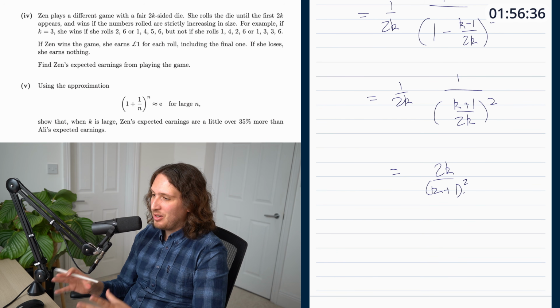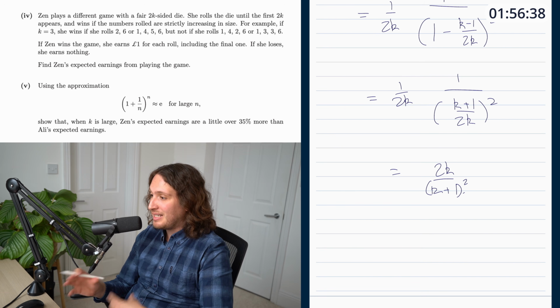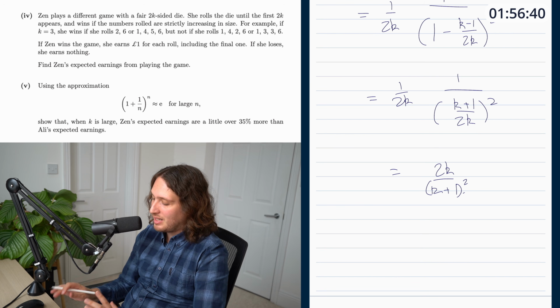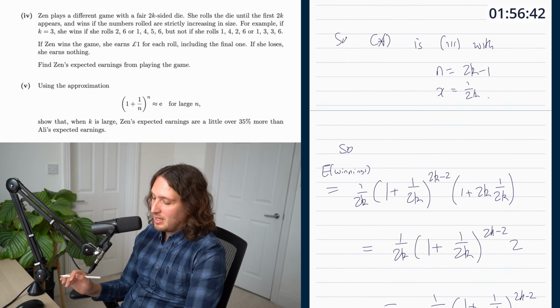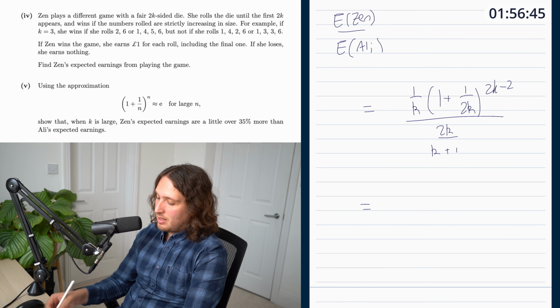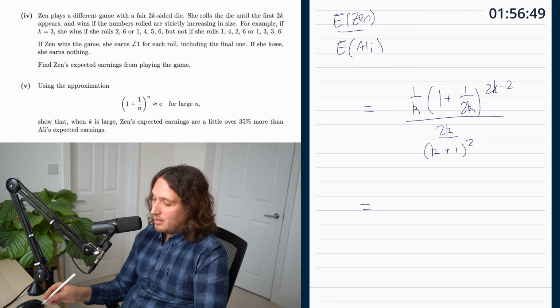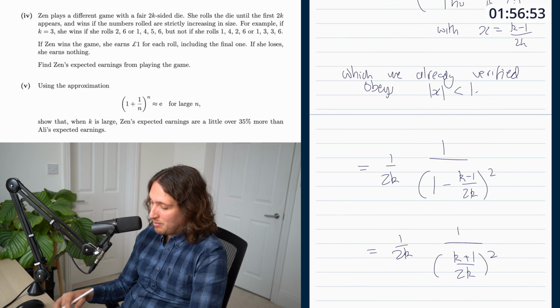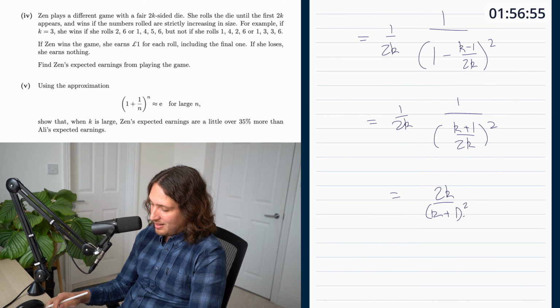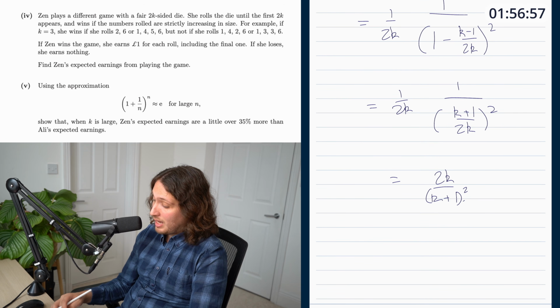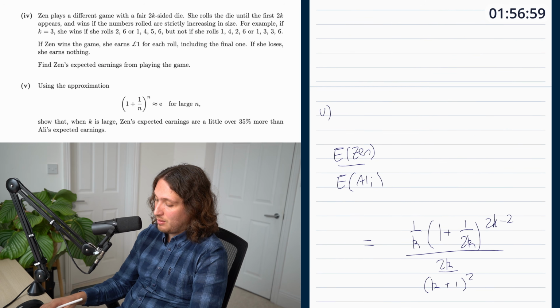Because I was thinking it looked like I was going to get something that clearly tended to 0, not a finite quantity. Okay, thank goodness we spotted that, because now that has a square on it. Now, okay, this looks much better. And was that even a 2k? Now I'm questioning everything I did with Ally. I think it was 2k.